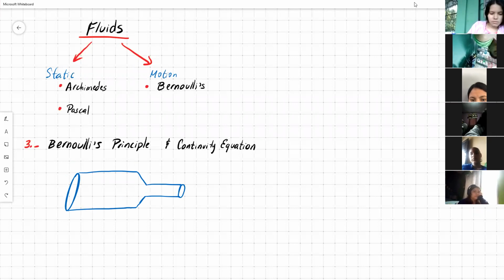I know it looks like a bottle more than a pipe. But imagine I just cut a pipe like that. Okay? So imagine that we have this situation. It should have been black instead of blue.